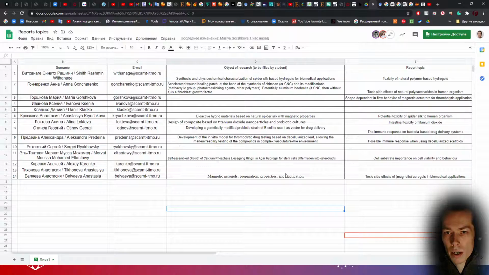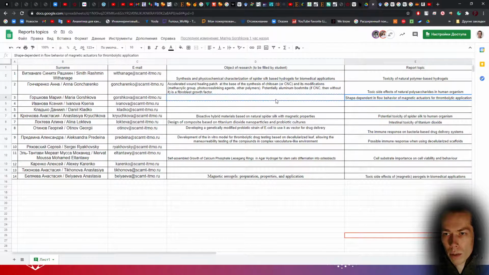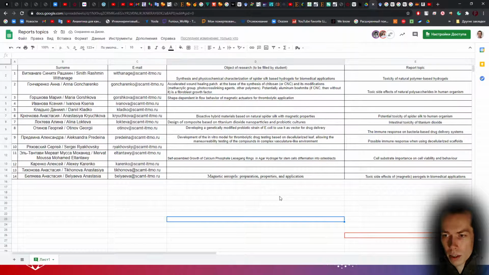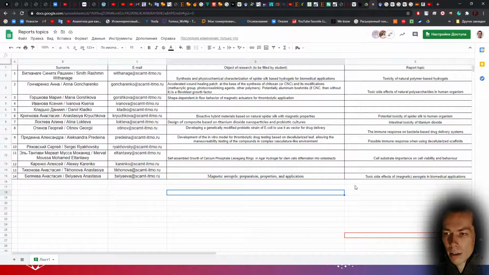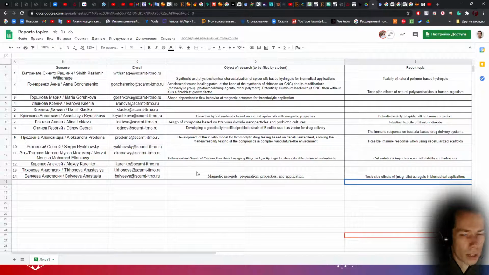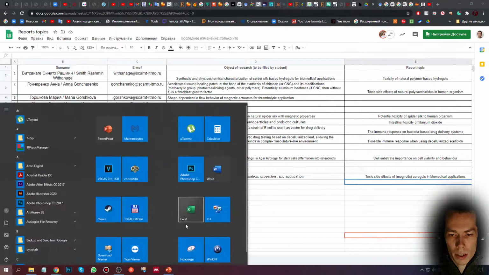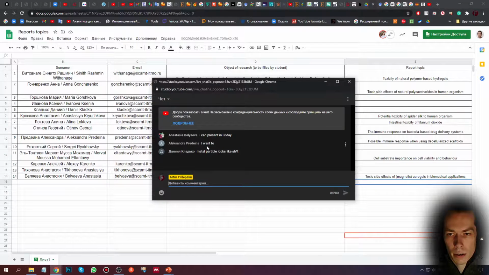Some of you already have some topics, but not all, because not everyone filled in what they need to fill. And I believe Nastya and Alexander want to give their presentation next Friday. Yes, so that's 2, but we need an additional 2 people who want to volunteer. So last chance to volunteer, or I will pick randomly.